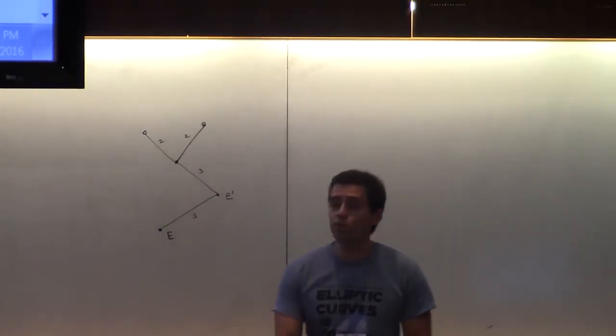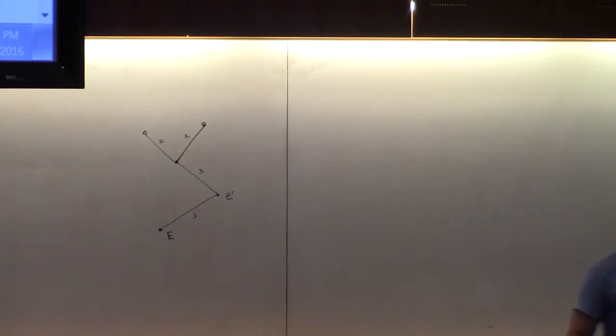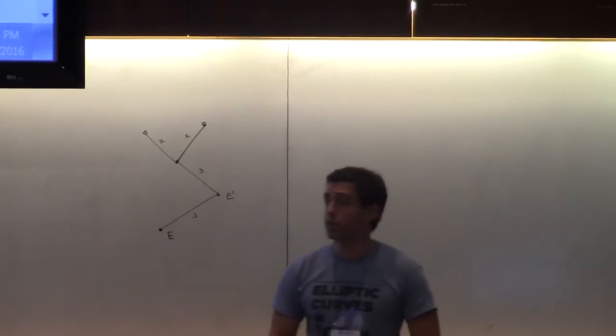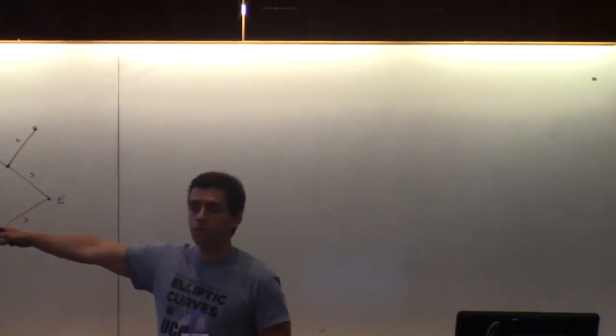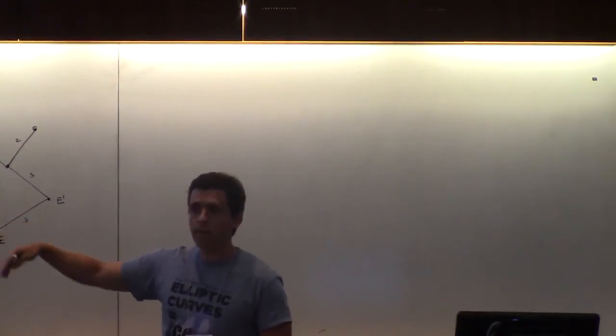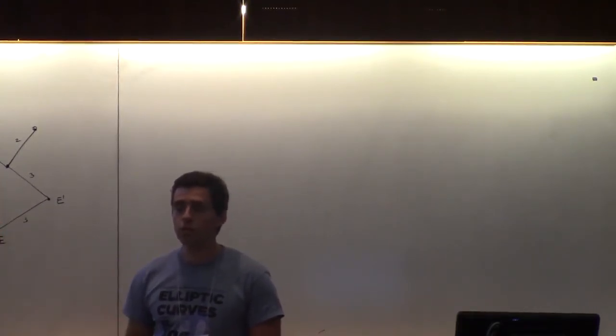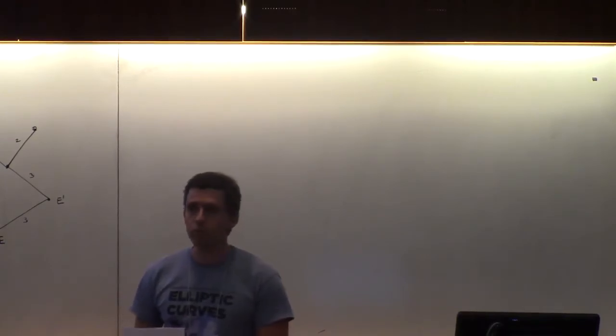Oh, I didn't prove it. We could use the Nagell-Lutz theorem. I didn't do it, but it is torsion free. The Nagell-Lutz theorem doesn't apply to that model directly, but you can change the model so it's of short Weierstrass form, and then work there and check that there is no torsion. There are other ways to do it as well, but this has no torsion.